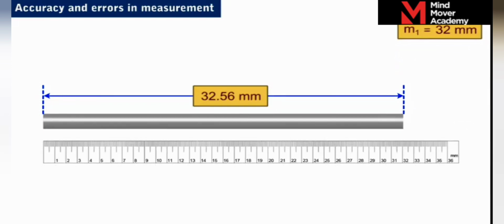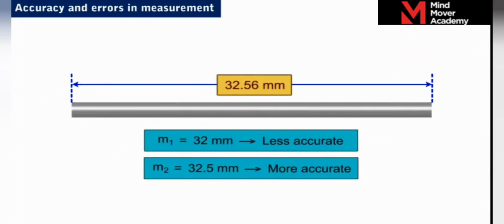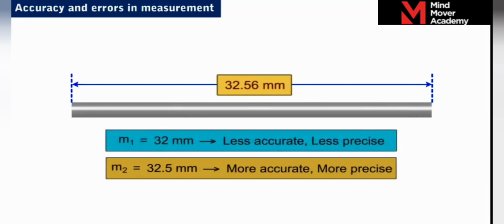Using the second instrument with a resolution of 0.1 mm, we obtain the measured value as 32.5 mm. Let us call this M2. Here, M2 is more accurate as it is closer to the object's true value than M1. Also, M2 is more precise as the resolution of the instrument used is greater than that of the first one.